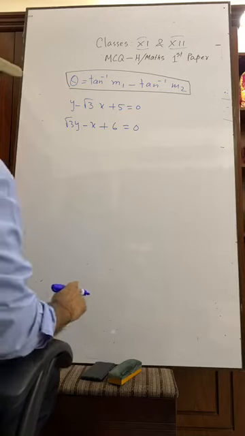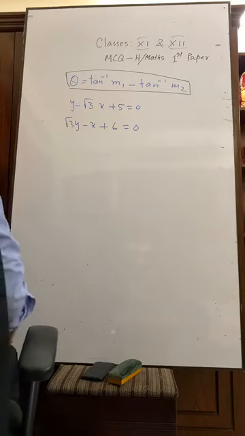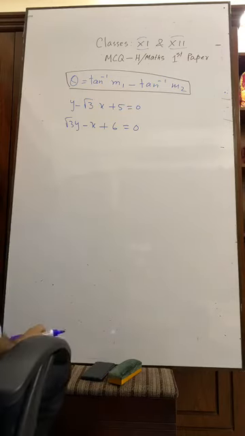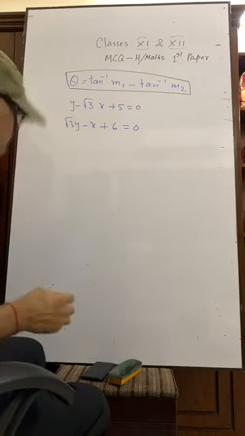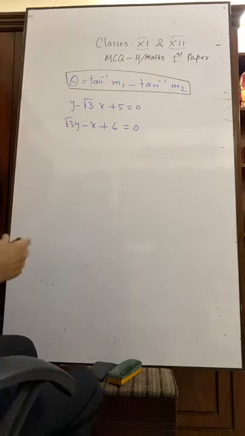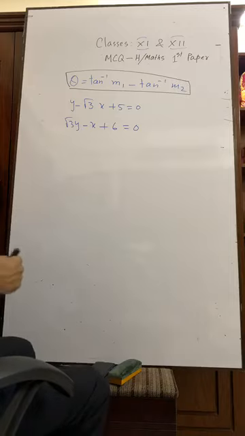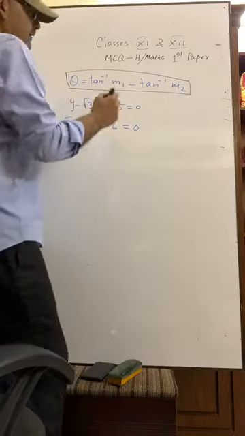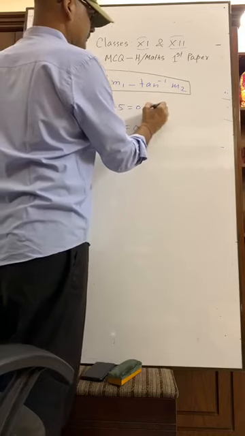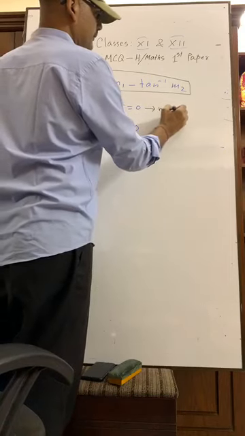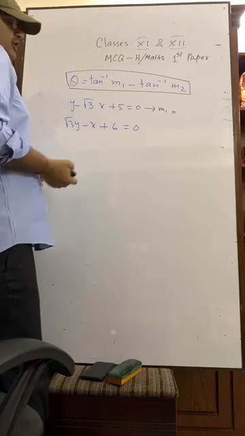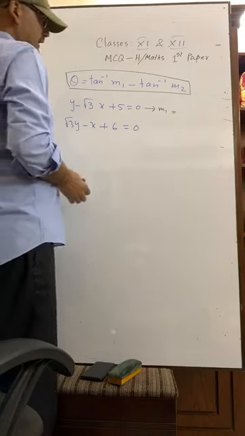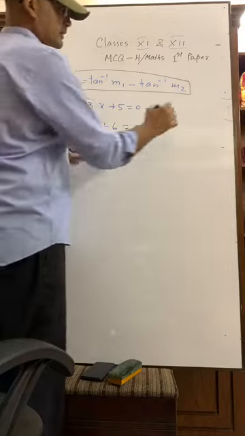The equations of two straight lines are given. Now we have to find the angle between them. Okay, that's good. Can you tell me from this equation what is m1? M1 equals what? What is the formula? Tell me.